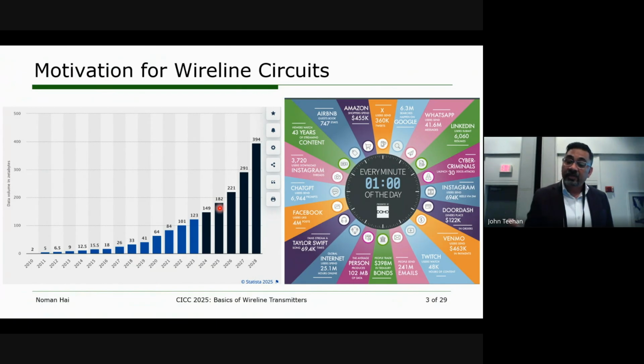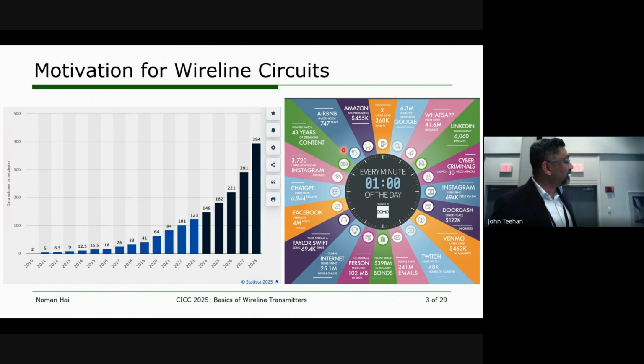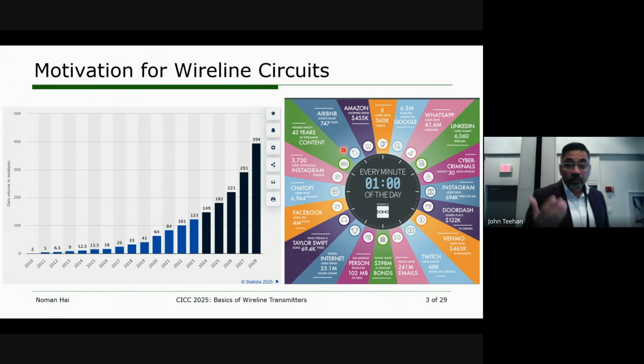The other question is where this data is being generated from, and the second part of the graph will tell you more. You may have already seen most of these in your social media accounts. For example, this is data generated by Domo within 1 minute: how much information has been created using our cell phones, social media, and laptops.